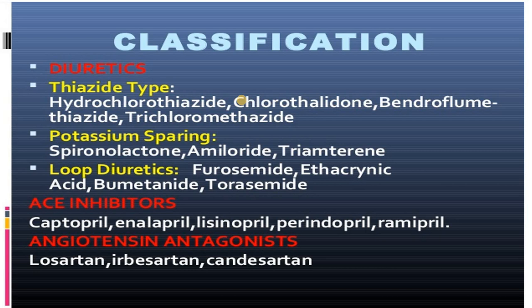Okay, for example, when you give Lasix, 2 ampoules or 4 ampoules, to the patient directly IV, when the patient's BP is greater than 200, the BP decreases and comes down.